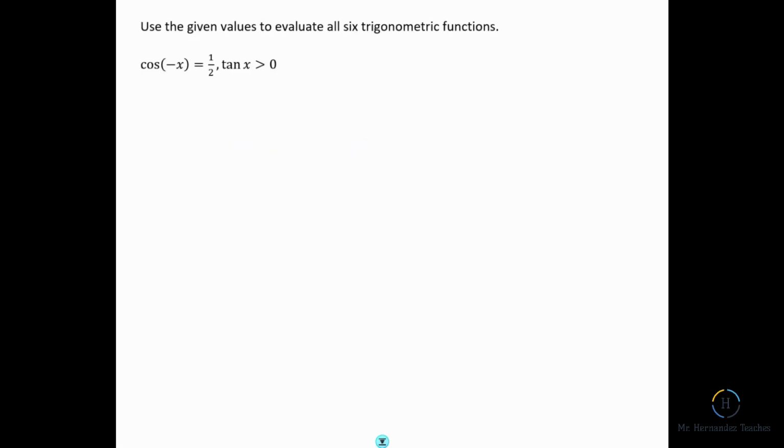These two given values to evaluate all 6 of our trig functions. So again, we want to use that hexagon to help us put everything together. Here's tangent, sine, cosine, cotangent, cosecant, and secant. The first thing I notice here is I have cosine of negative x.